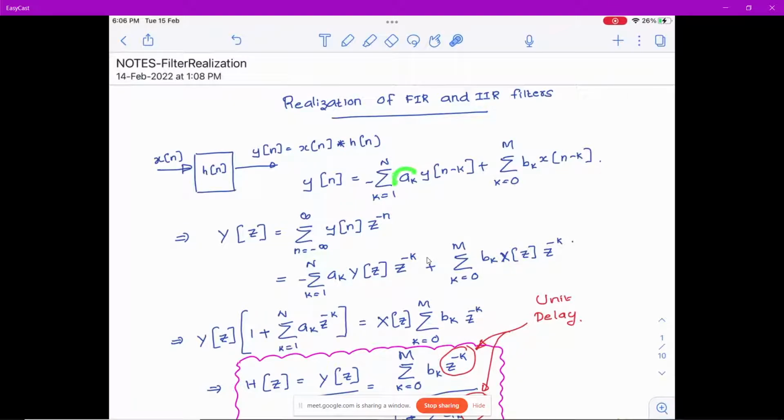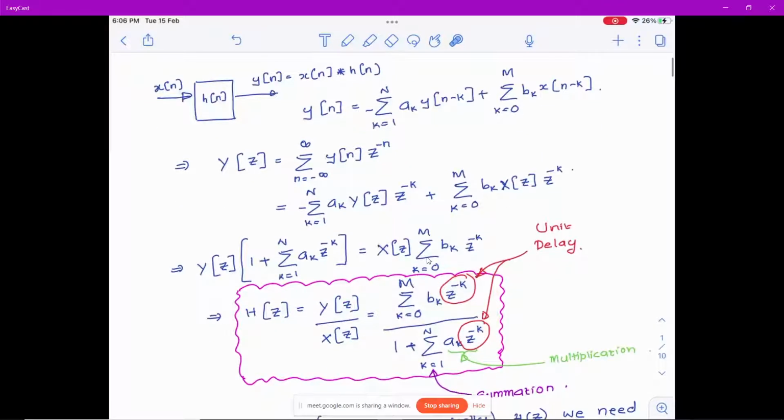If all the ak values are 0, that means you don't have this term, then this becomes the equation of an FIR filter. But in general, you can say y of n looks like this. So if you take the z transform of y of n, that is y of z, using this formula, then wherever there is a shift, it is equivalent to multiplying by z raised to minus of that shift.